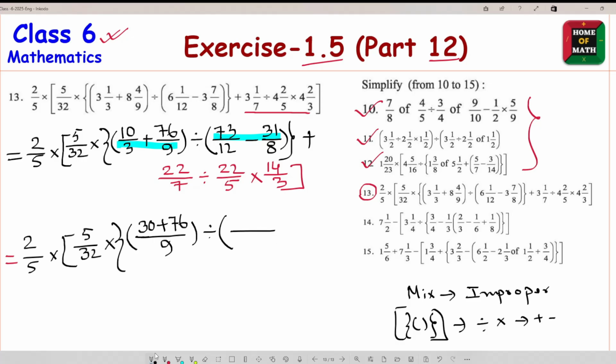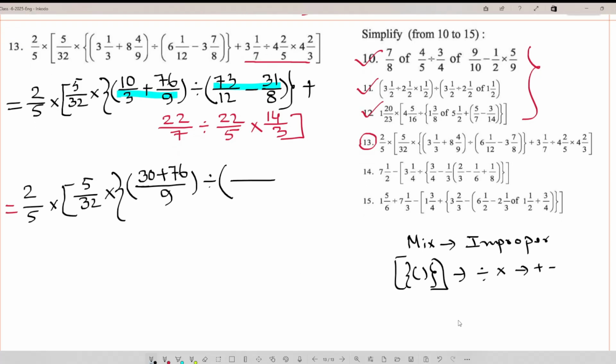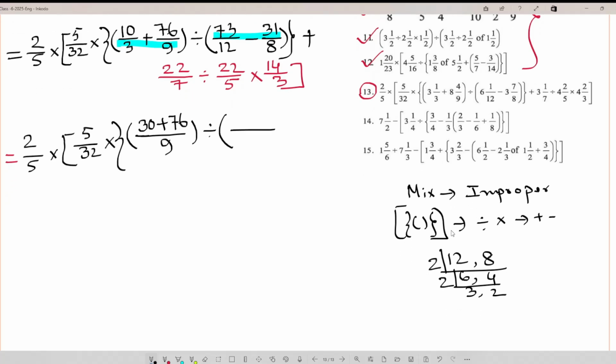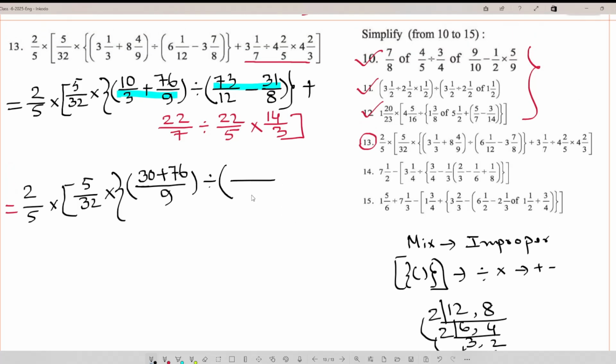So what will be the LCM of 12 and 8? 12 and 8 we can divide by 2, so here is 6, here is 4, again we can divide by 2, here is 3 and 2, so 2 times 2 is 4, 4 times 3 is 12, 12 times 2 is 24, so 24. 24 divide 12, it's 2, so 73 times 2 is 146, right?